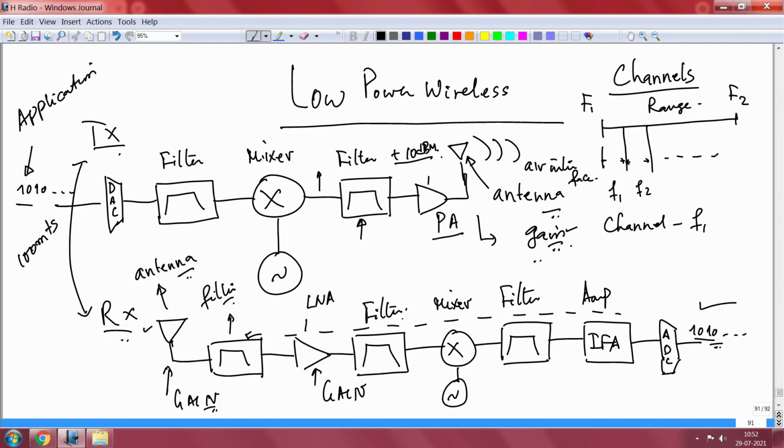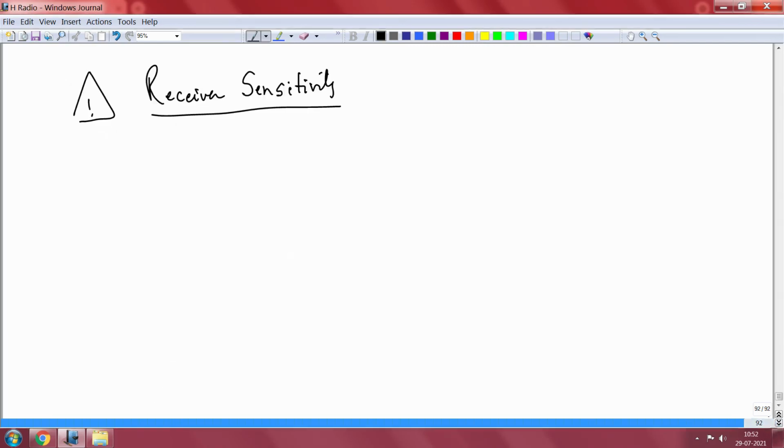really make an impact. Therefore, when you talk about receiver sensitivity, what does the manufacturer have in mind is the question.